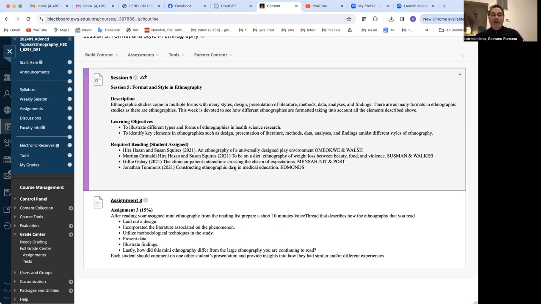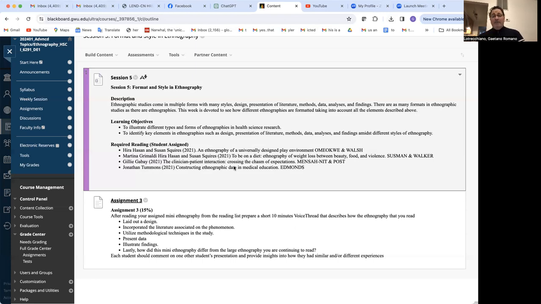And as you probably have also learned, when you get into the readings for this week, there are even more different ways of formatting and delivering an ethnography. In fact, that's really one of the unique features of this sort of naturalistic research.